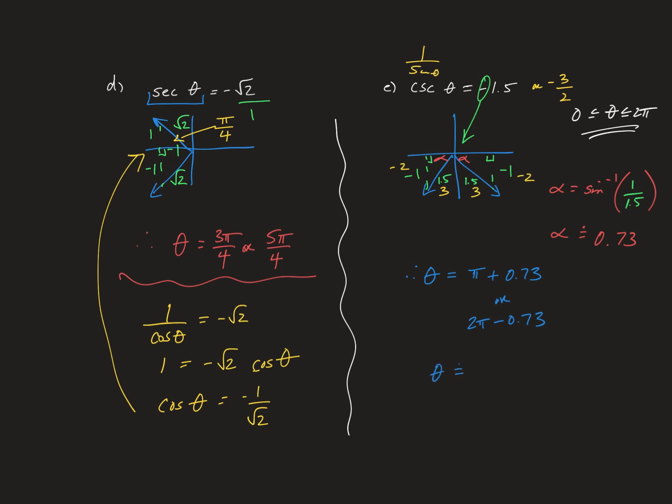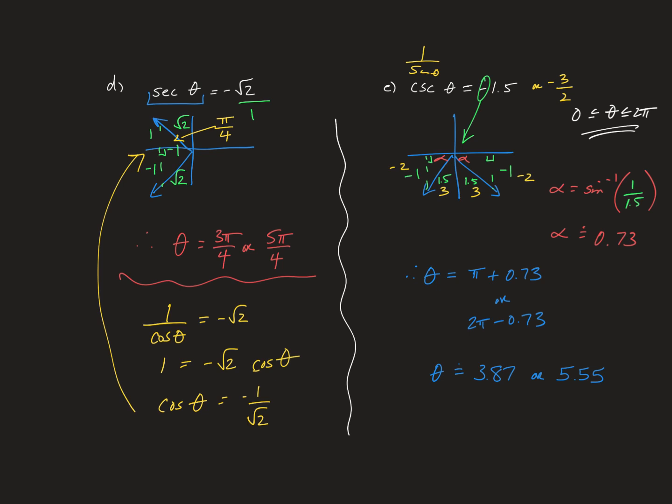So we're going to use our pi button to be as exact as we can be. And in the third quadrant, that's going to give us approximately 3.87 rads. And we'll round that to 2 decimal places as we get our approximates. Or 5.55 rads in the fourth quadrant.